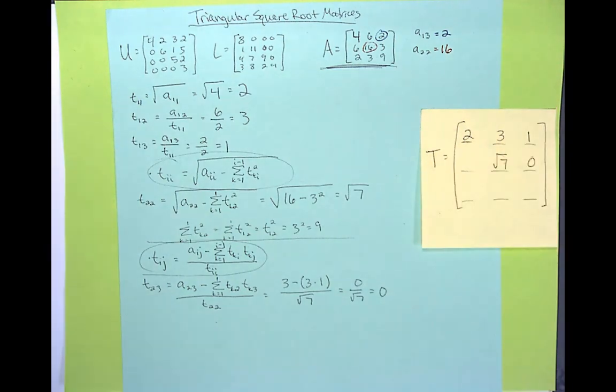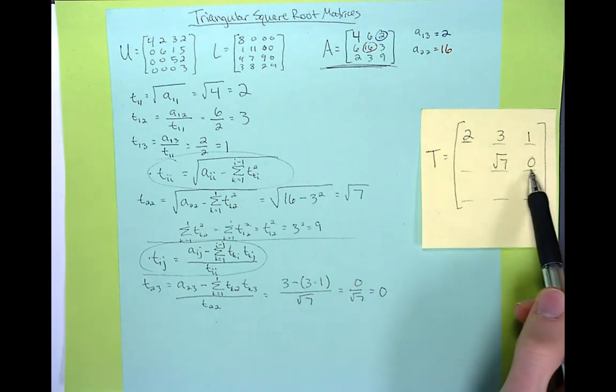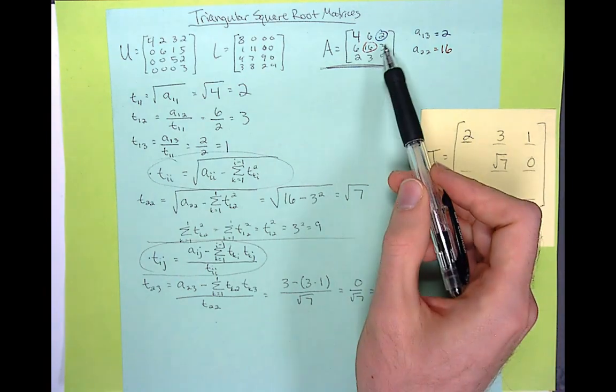0. So let me go back to the mouthful of words that I said before and try to make a little bit more sense of this. So once again, each remaining entry in the row to the right of the diagonal, so this entry, is found by taking the corresponding element in A. So where is this element in A? It's this one, 3.